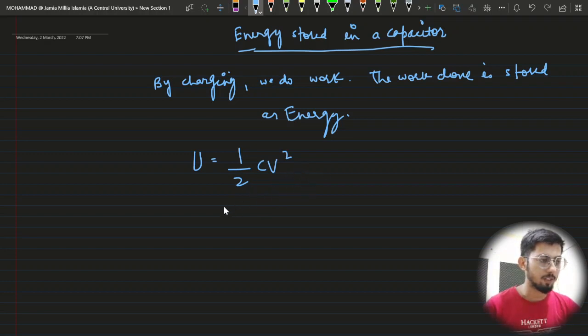For example, we know that Q is equal to CV, right? So this C can be replaced by Q by V. In that case we will have different forms.